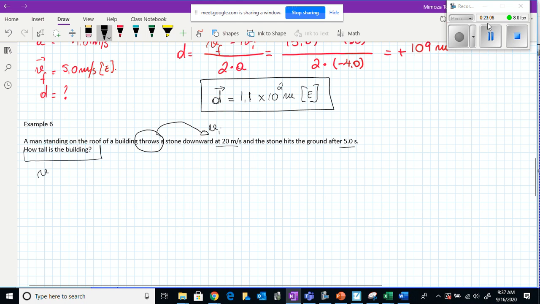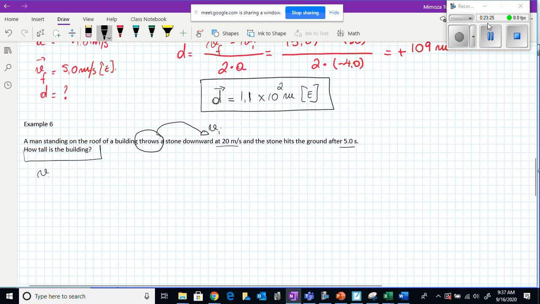So keep in mind, when you are standing at a cliff or at a building and you are dropping, the initial velocity is equal to 0. But when you are throwing, then you are throwing it with a certain initial velocity.